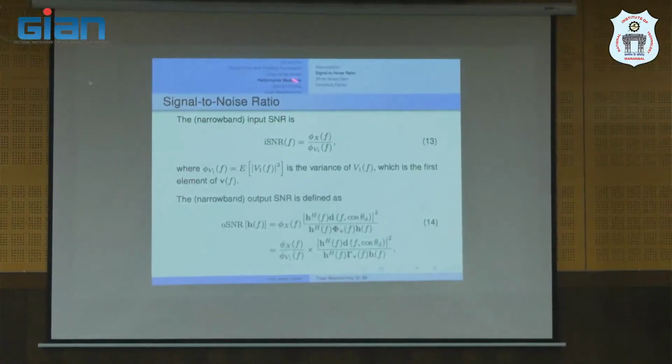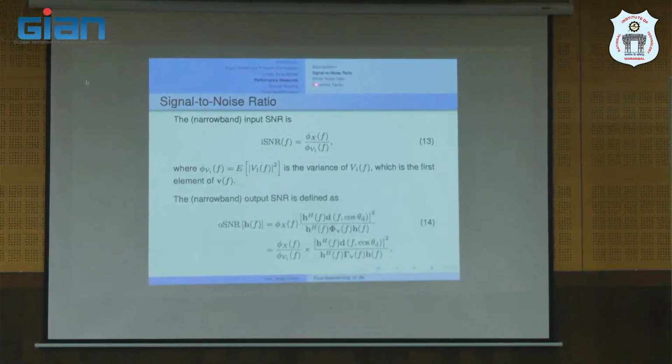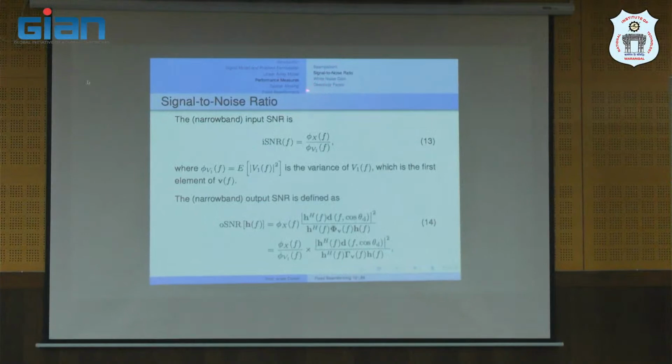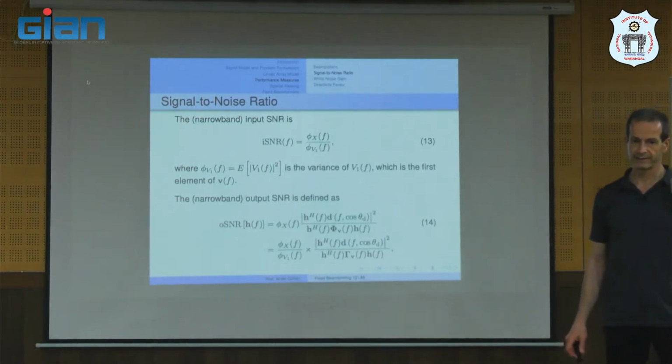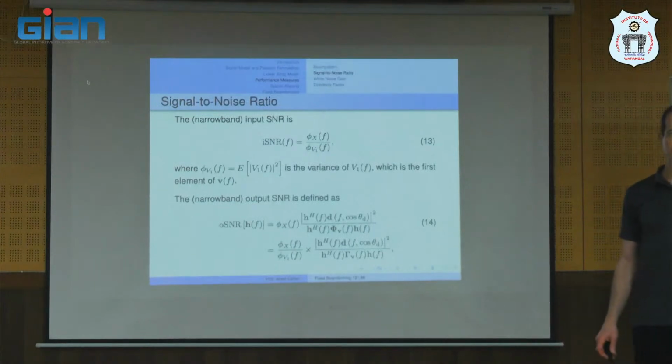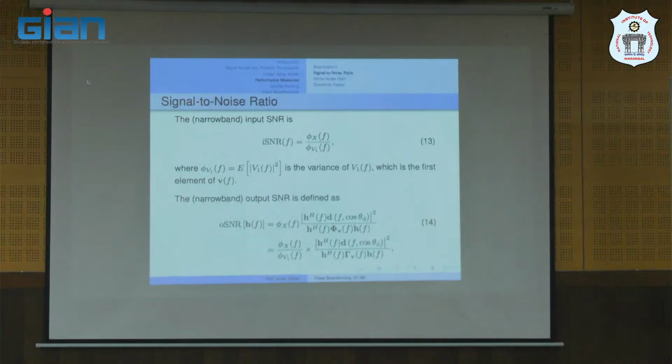So if we try to reduce the diffuse noise as much as possible, we will get some amplification of white noise. And this is very important. It means that if we design a beamformer and it amplifies the white noise, especially in the low frequencies, it will affect the output.